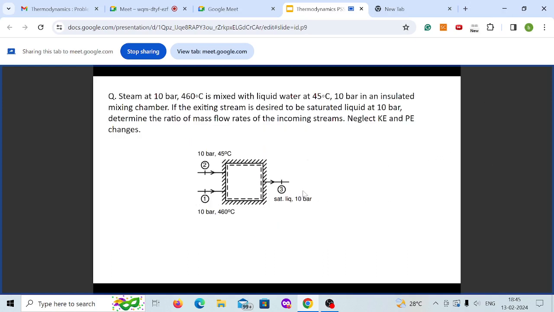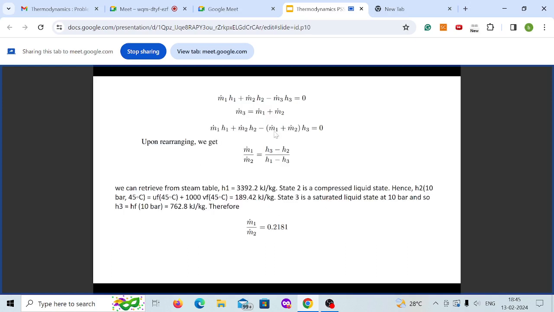So we do an energy balance across this mixing chamber. What is coming in is M1H1, the steam, and M2H2, the water, and what is going out is the saturated liquid at 10 bar, M3H3. So M1H1 plus M2H2 minus M3H3 equals zero. We have one equation, but we have three unknowns: M1, M2 and M3.